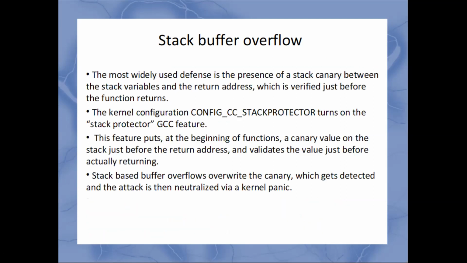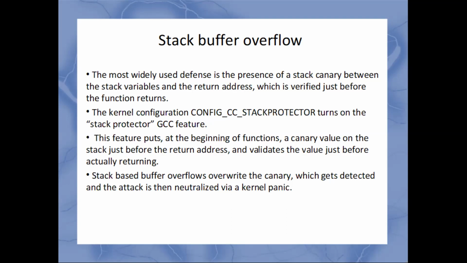The most widely used defense is the presence of a stack canary between the stack variables and the return address, which is verified just before the function returns. Like one of the kernel configurations, that is CONFIG_CC_STACKPROTECTOR, turns on the stack protector GCC feature.